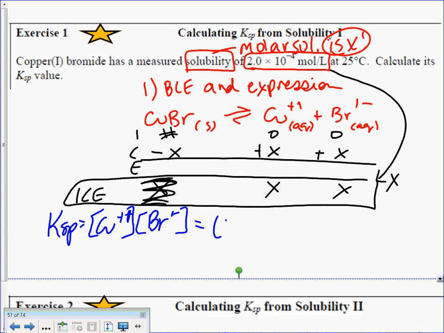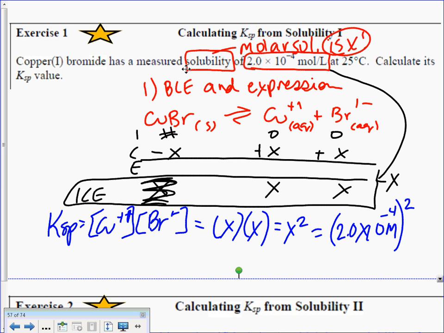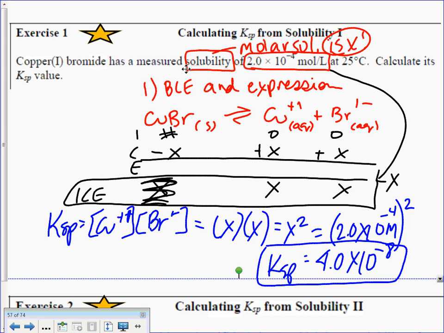Those are x times x, which is just x squared, which is the number squared: 2.0 times 10 to the negative fourth molar squared. So that's what? 4.0 times 10 to the negative eighth. That's how you get KSP.